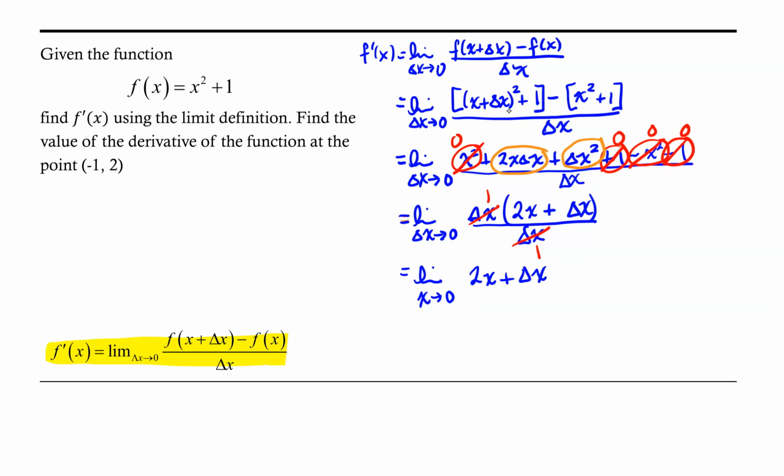At this point, I've resolved the issue of delta x approaching 0 causing the denominator to be 0. So now we can consider the behavior of this equivalent function. Now my equivalent function, as delta x goes to 0, 2x will just go to 2x.